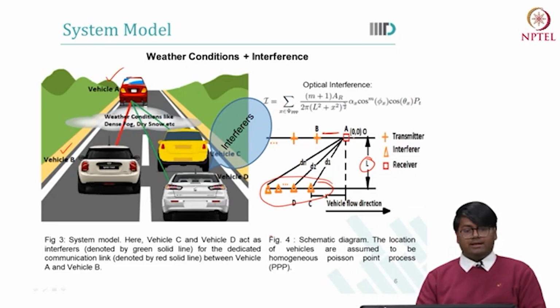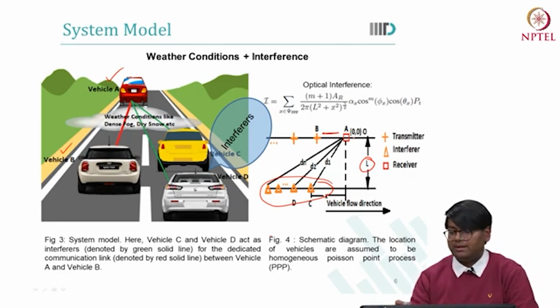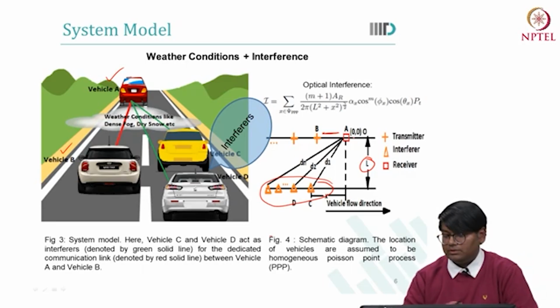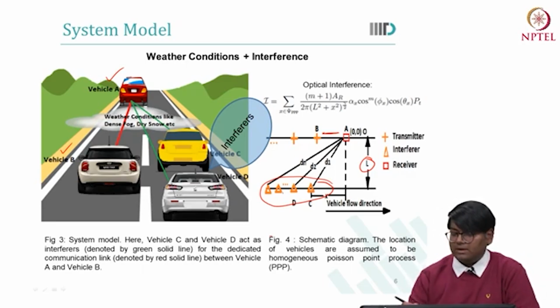Now, we analyze the performance of this proposed system model using various analytical tools of stochastic geometry. Before we go to stochastic geometry, this is an expression for the optical interference from this interfering vehicle.